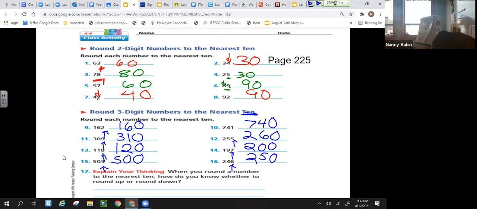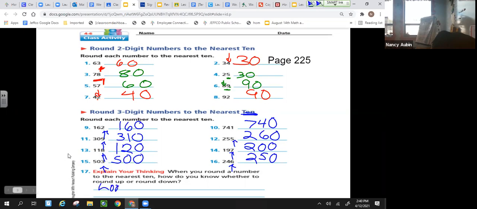All right, Lila Maris. When you round a number to the nearest 10, how do you know whether to round up or round down? What do you do? Well, I know that... Hold that thought. Thank you. Max, you need to go. All right, so what do I do, Lila Maris, to know whether to round up or down? So for the nearest 10, you look in the ones place.